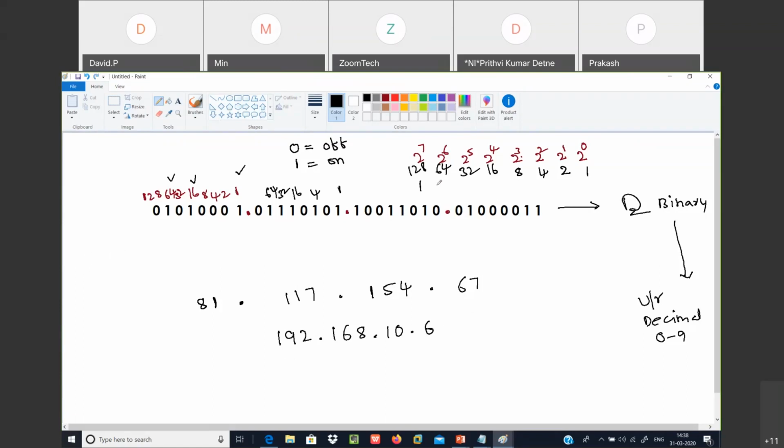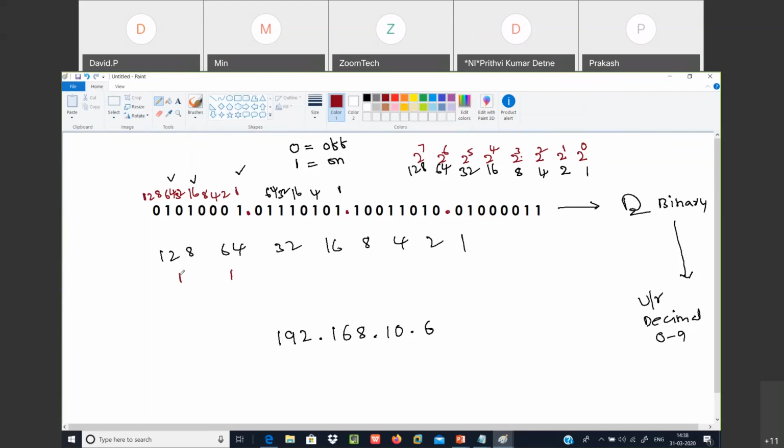So instead of that, 128 plus 64. If you take this chart, 128, 64, 32, 16, 8, 4, 2, 1. 128 plus 64, how much? 192.